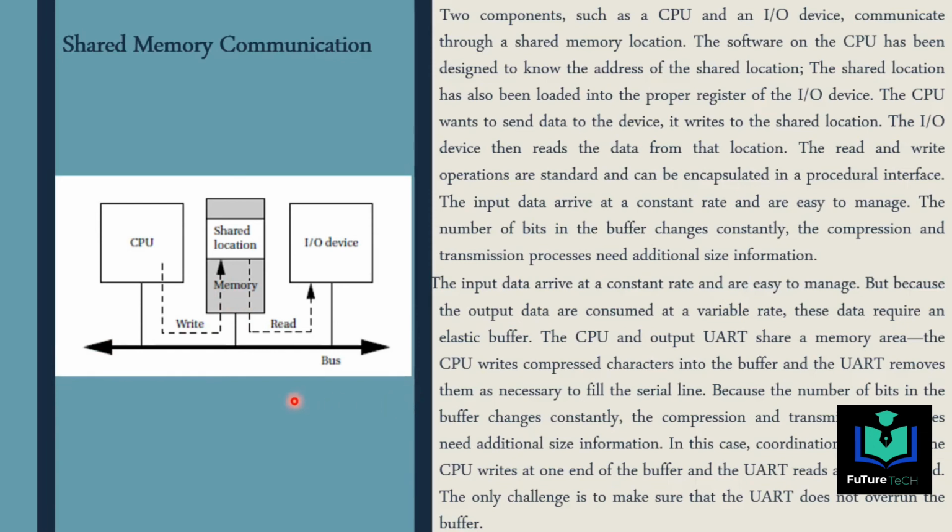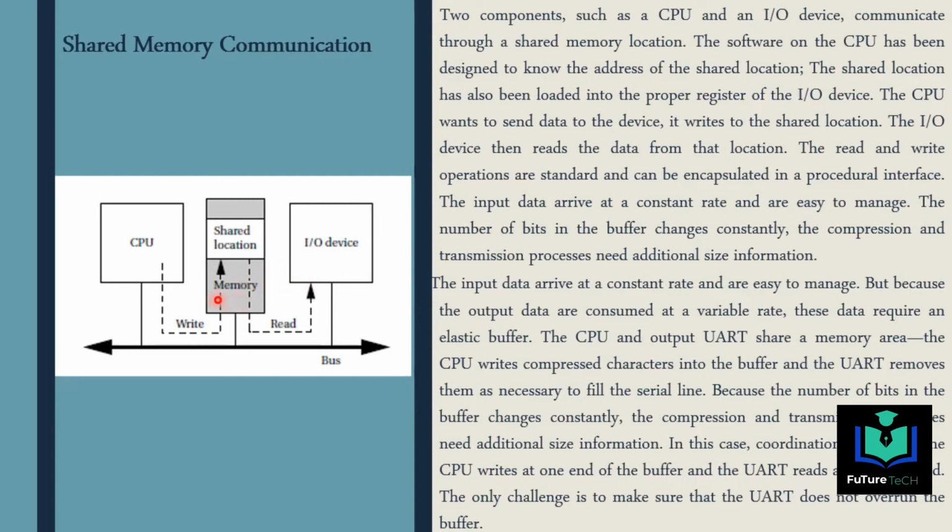So there are two components, the CPU as well as the IO device, that communicate through a shared memory location. The software on the CPU has been designed to know the address of the shared memory location. The shared location has also been loaded into the proper register of the IO device. It is going to share the register also.